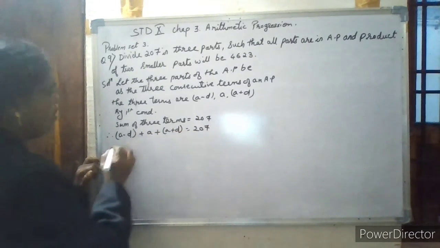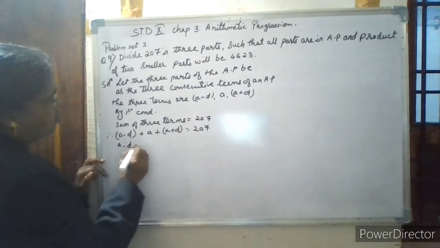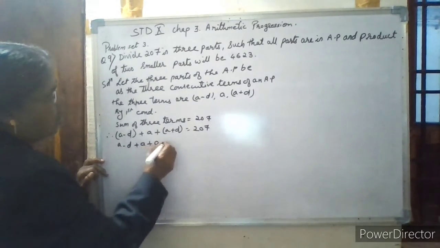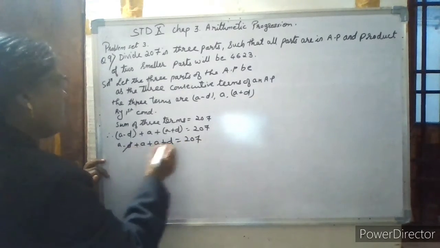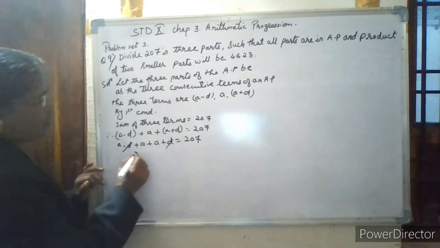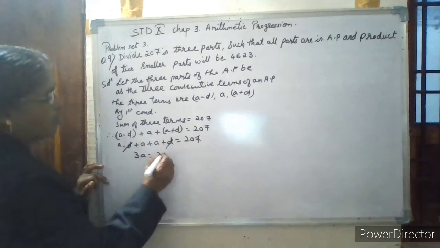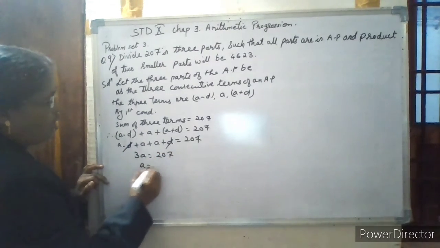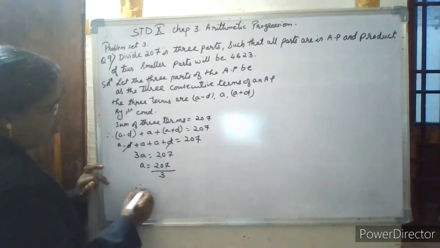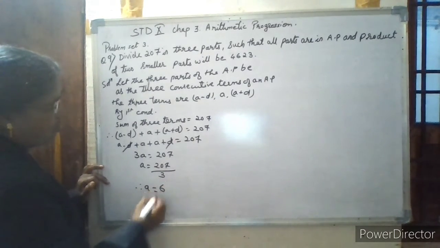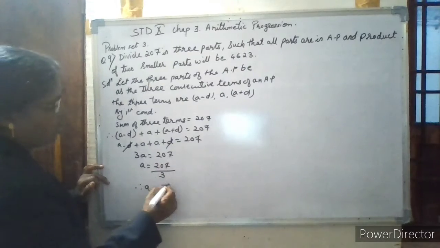Removing the brackets, we get a minus d plus a plus d is equal to 207. Now minus d plus d cancels. We are left with 3 times a is equal to 207. So a value is equal to 207 by 3. Therefore a is equal to, 3 sixes are 18, 19, 20, 3 nines are 27.